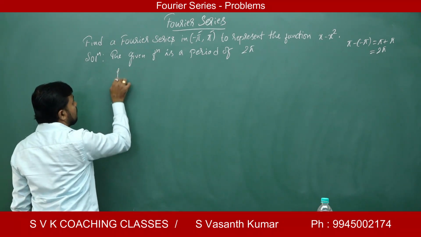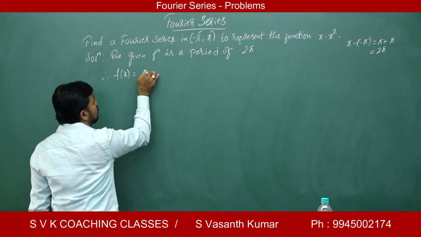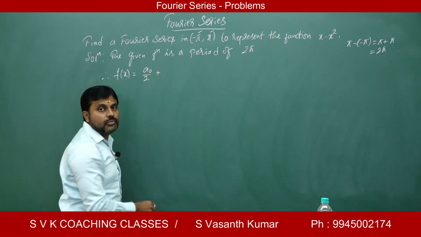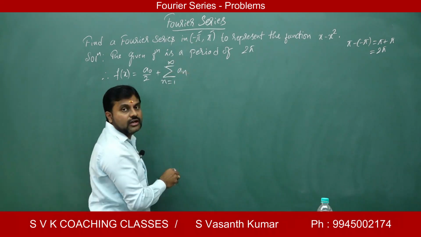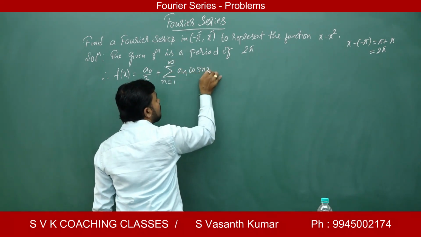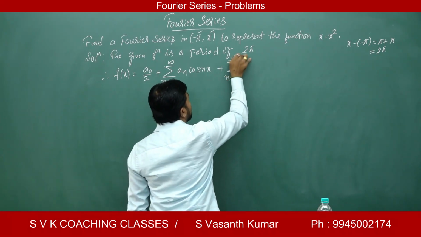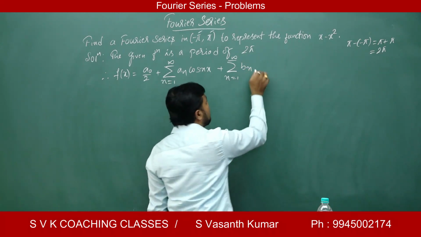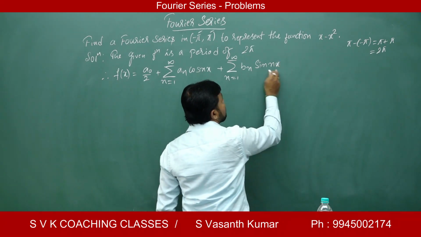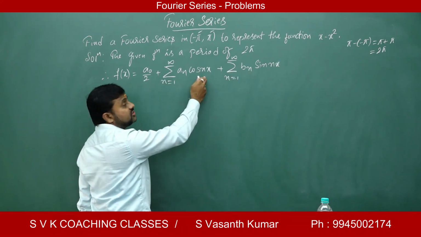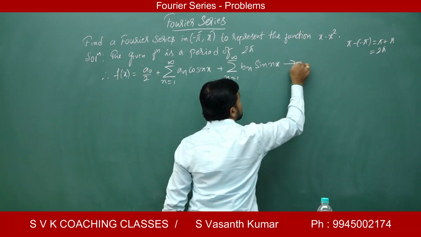It is f of x equal to a naught by 2 plus summation n equal to 1 to infinity a n cos nx, remember cos nx, plus summation n equal to 1 to infinity bn sin nx. Always the coefficient of sin nx is bn, and the coefficient of cos nx is an. This is the constant term, so name this as equation star.